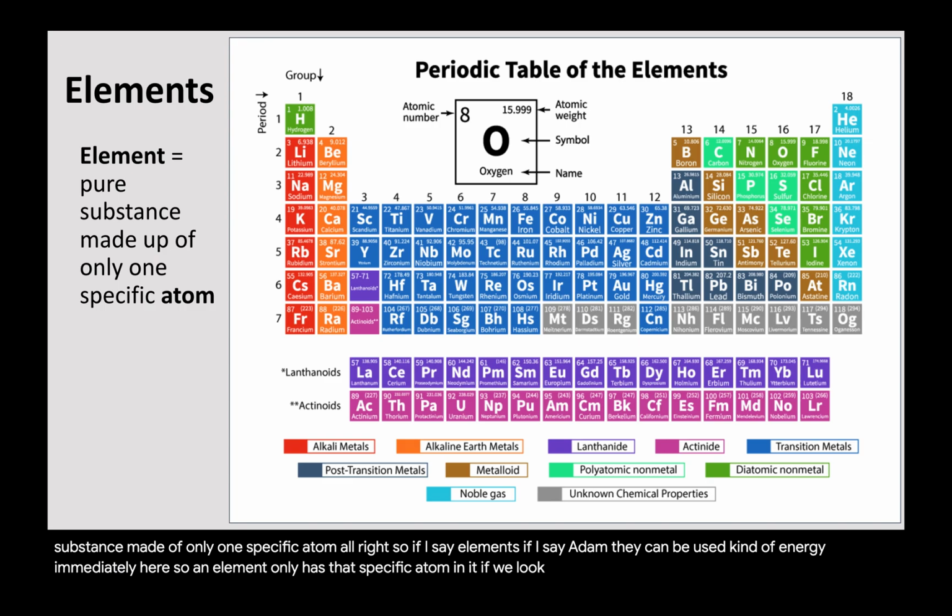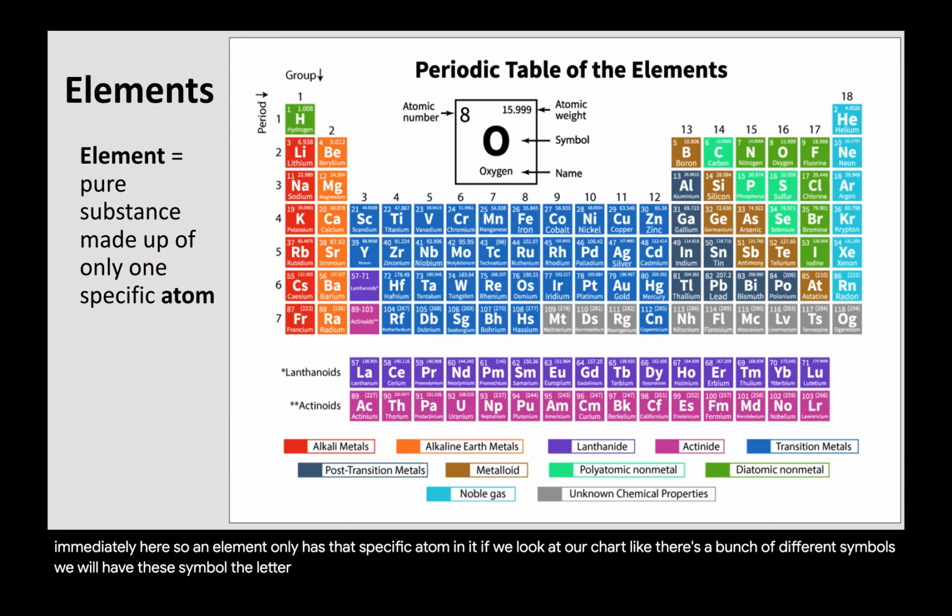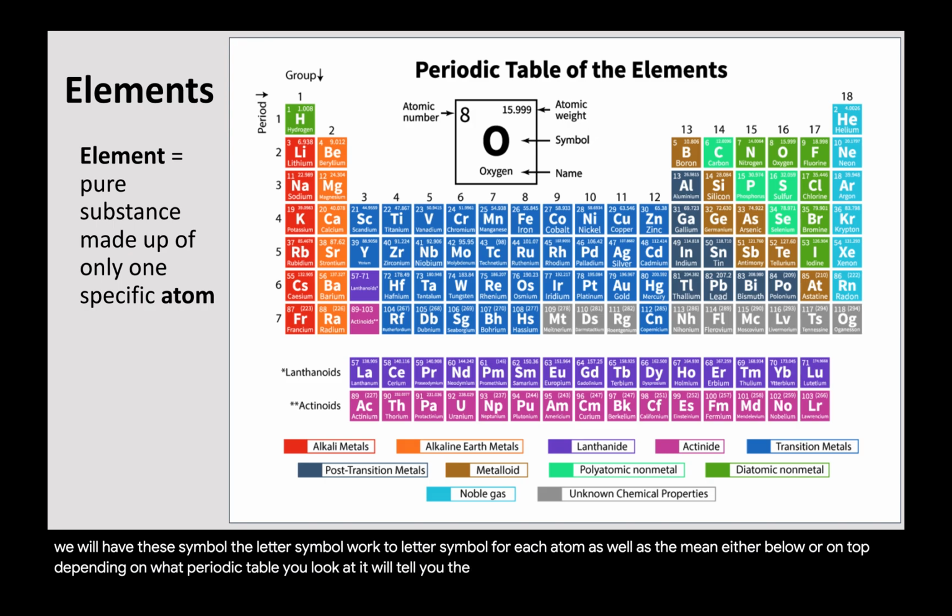If we look at our chart, right, there's a bunch of different symbols. We will have the letter symbol or 2-letter symbol for each atom, as well as the name, either below or on top, depending on what periodic table you look at. It has this atomic number, right?